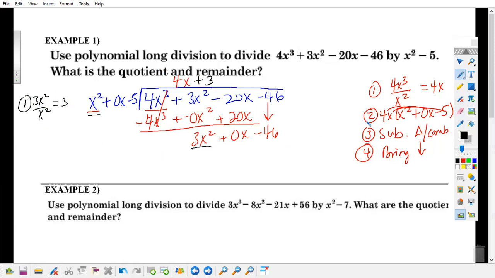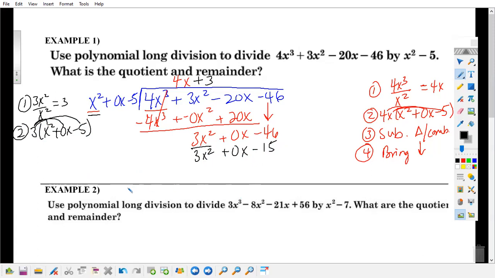After we divide, we then do what? Multiply. So we have 3 times x squared plus 0x minus 5. We're going to distribute. 3 times x squared is 3x squared. 3 times 0 is 0. And 3 times negative 5 is negative 15.